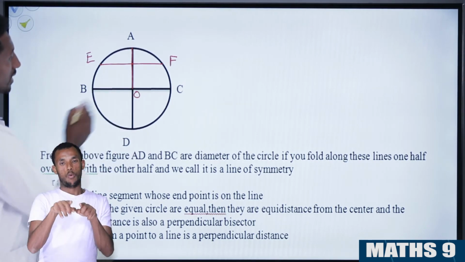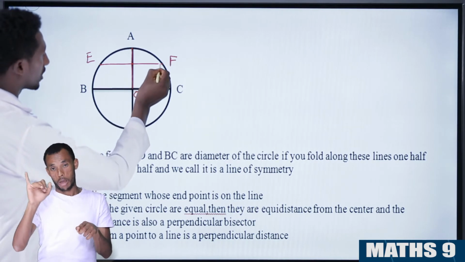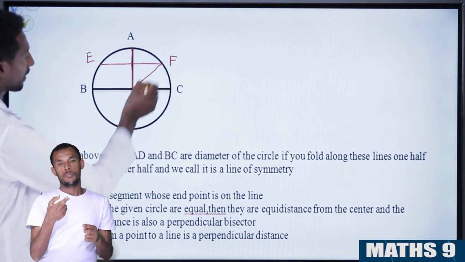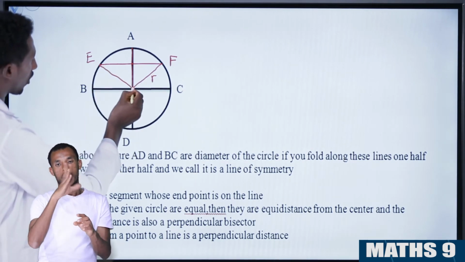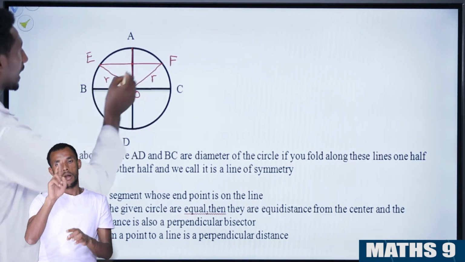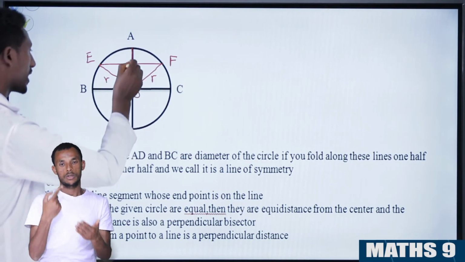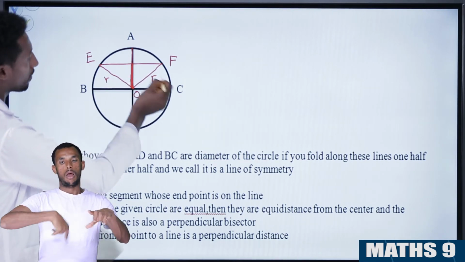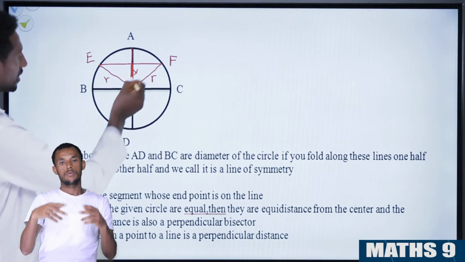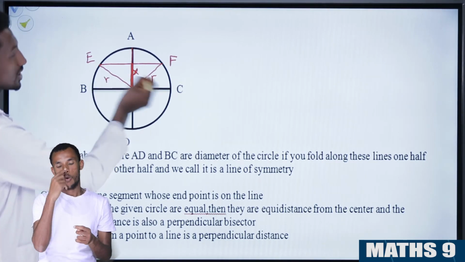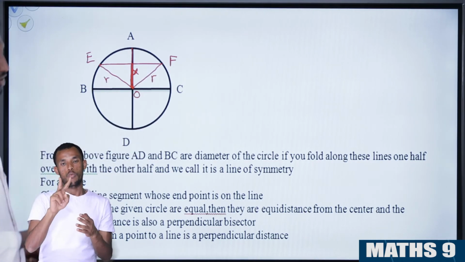Here, if we draw from F to O, it is the radius R, and from E to O, which is also radius R, and this line segment is a common side for both triangles. Let's say this one is X, the common side. So these two triangles are congruent.